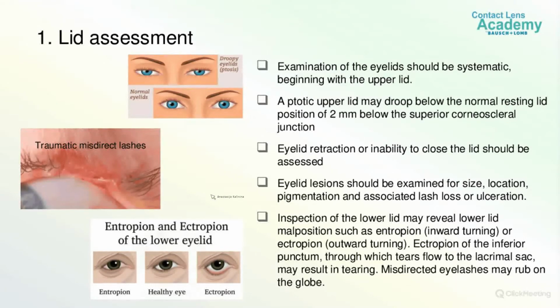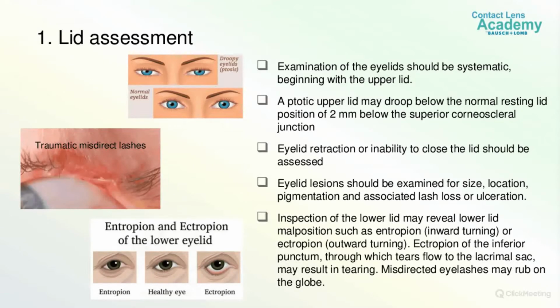A ptotic upper lid may droop below the normal resting lid position of 2 millimeters below the superior corneoscleral junction, and eyelid retraction or inability to close the lid should be assessed. Eyelid lesions should be examined for size, location, pigmentation, and associated lash loss or ulceration, which you can also see in the picture on the left of the screen.